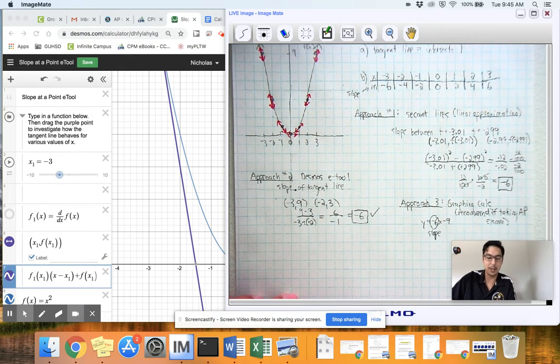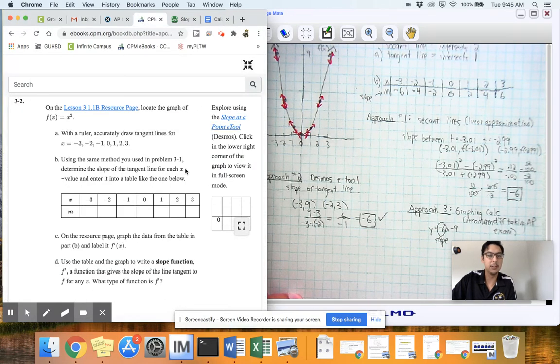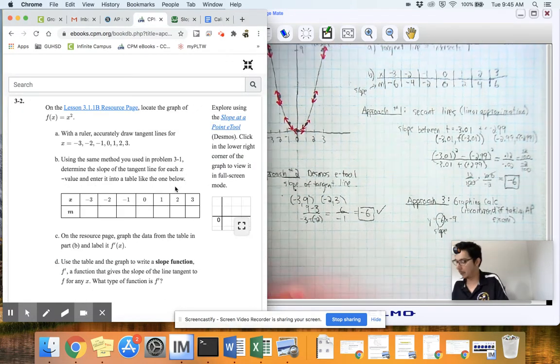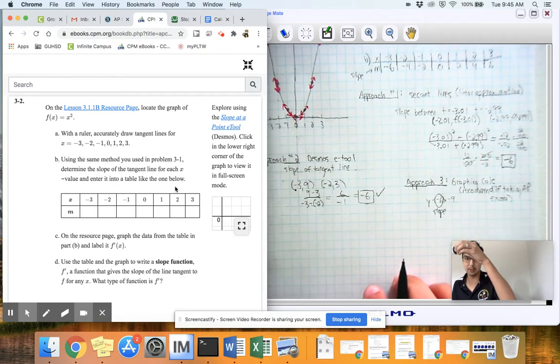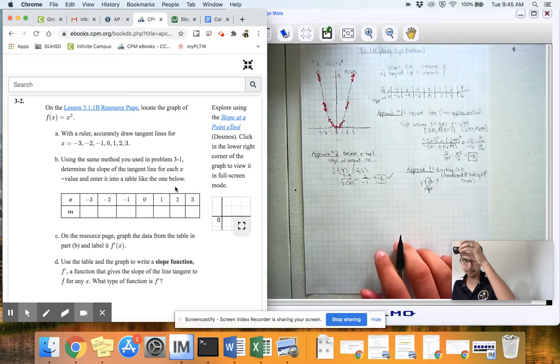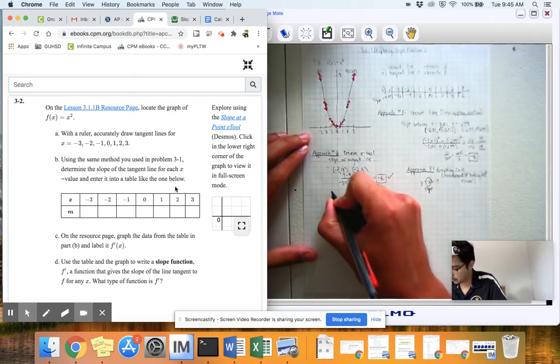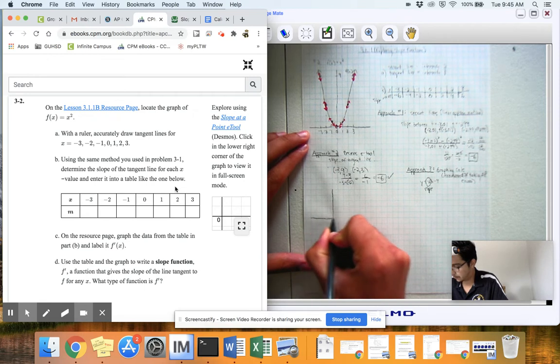Now, let's go back to the book and see what it's asking next. So we did that. Oh, and then make a graph of f prime of x. So I'm going to try to zoom out because I want you to see a connection I'm trying to make on this problem. So now down here, I make a graph.